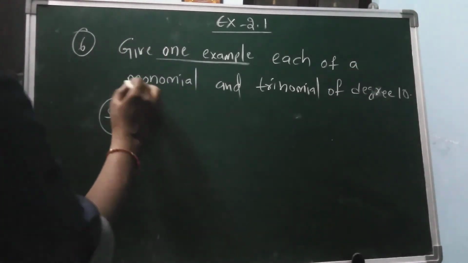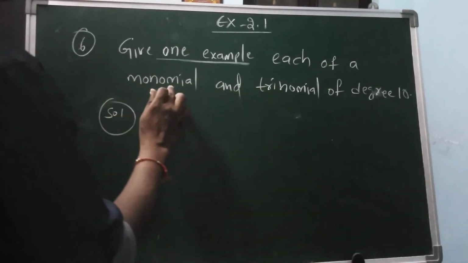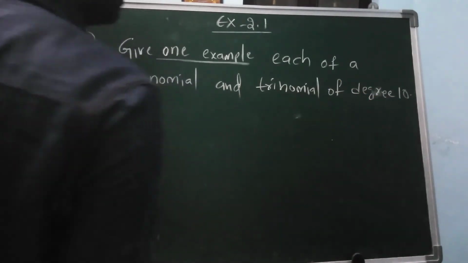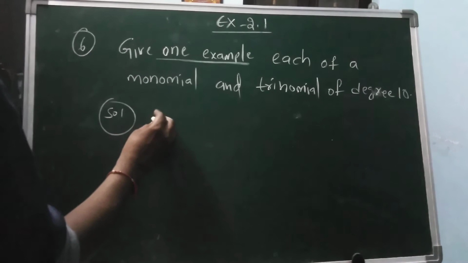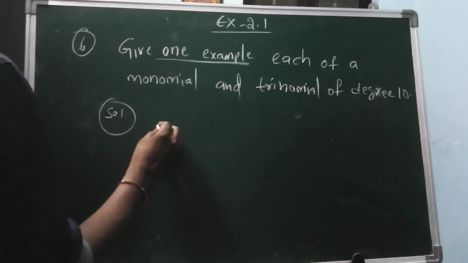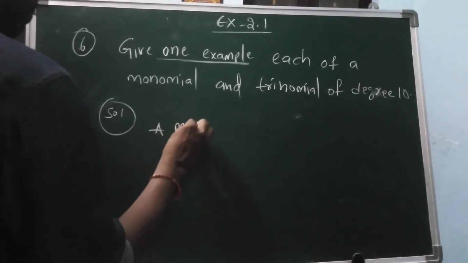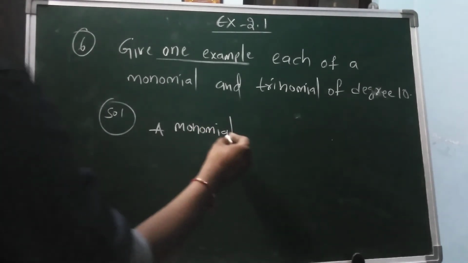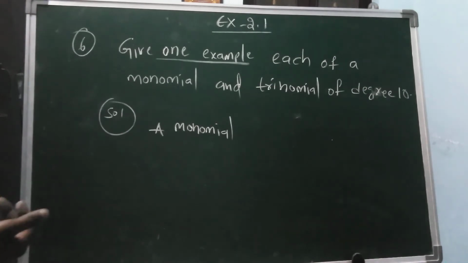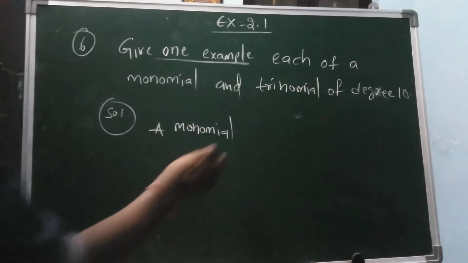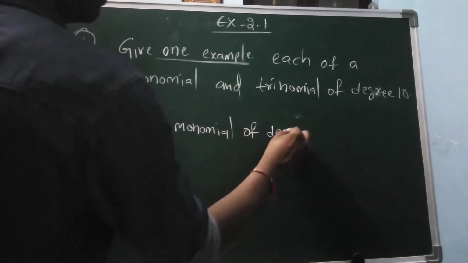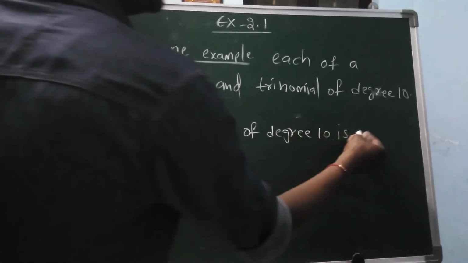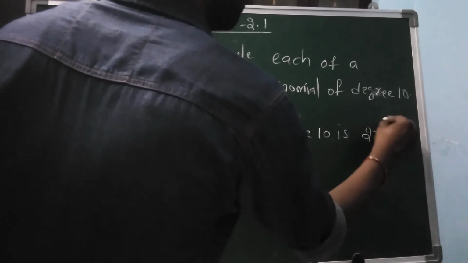Okay. For example, first write down a monomial. We have to write a monomial and the degree is 10. Write any example. A monomial of degree 10, for example, 2x power 10.